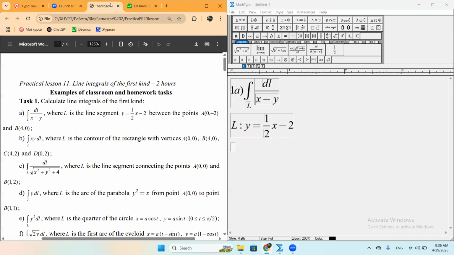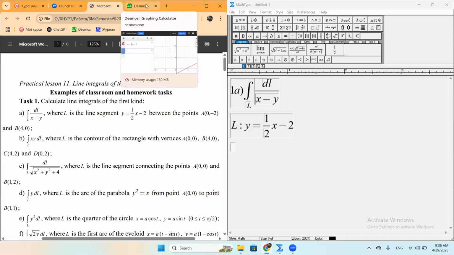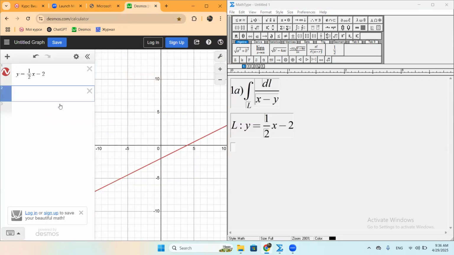Point A has coordinates 0, minus 2, and B has coordinates 4, 0.